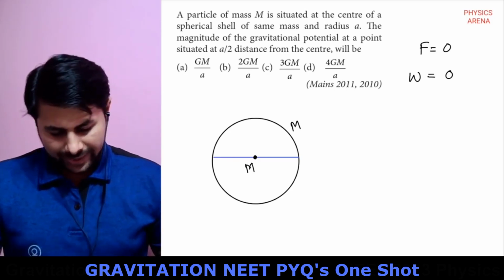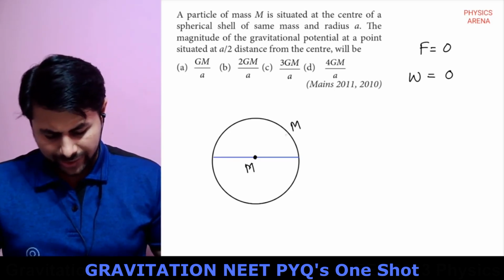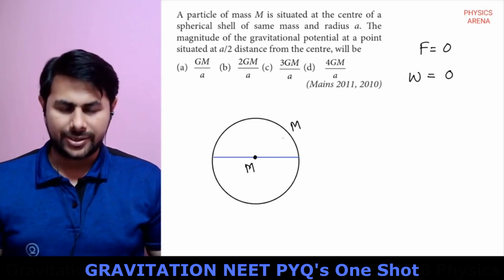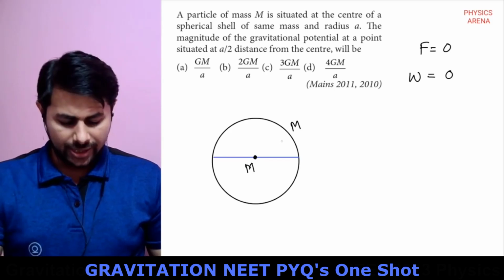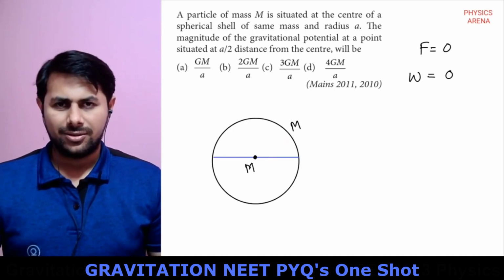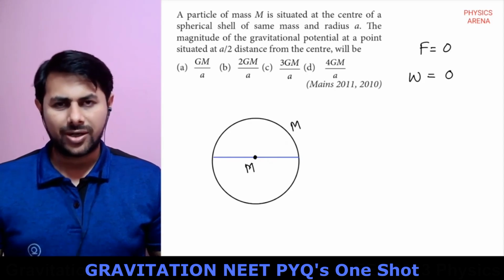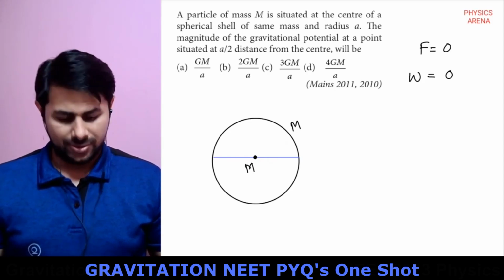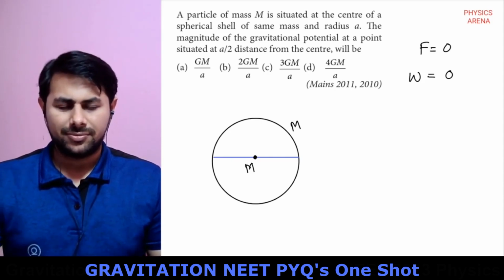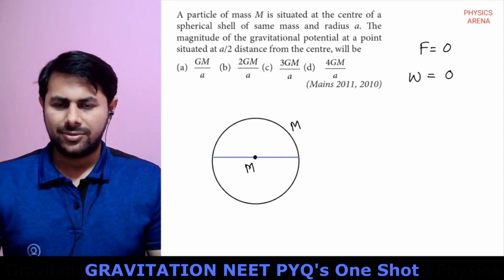And that means how much would be the difference in potential energy of a mass at 2 points inside a shell? Since work done is 0, the difference in potential energy is 0. Yes, no?